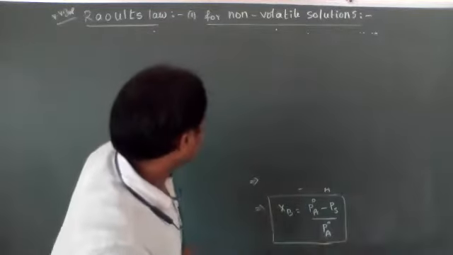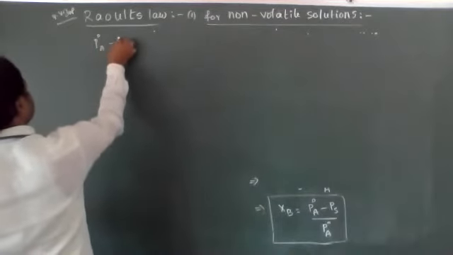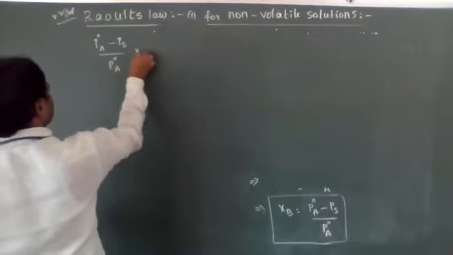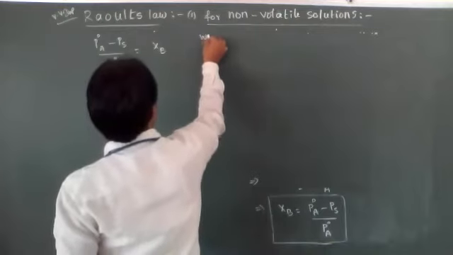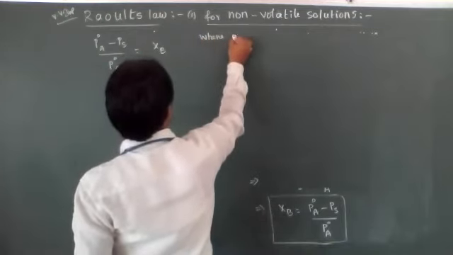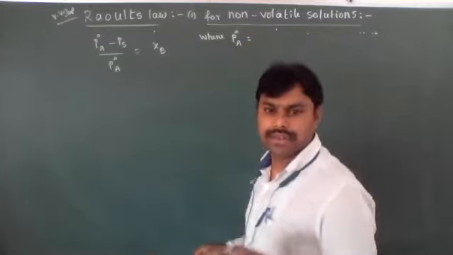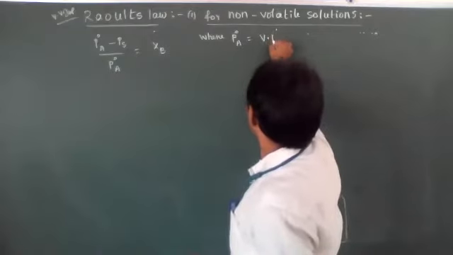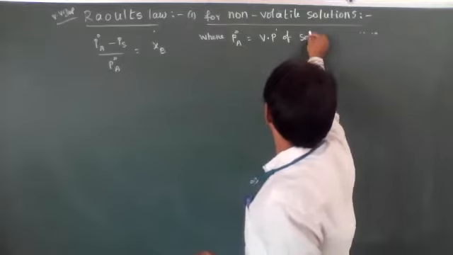Finally, what we got here, students, is (P naught A minus PS) by P naught A is equal to XB, where P naught A is the vapor pressure of A, or vapor pressure of solvent.